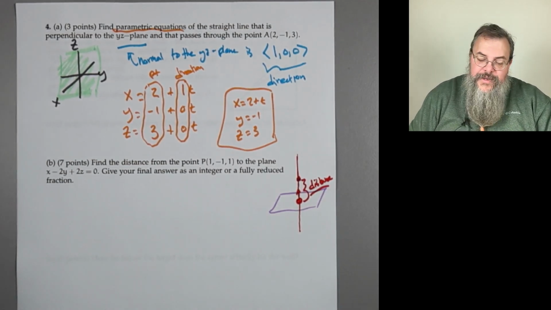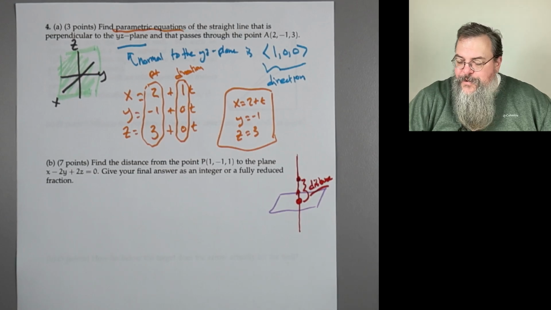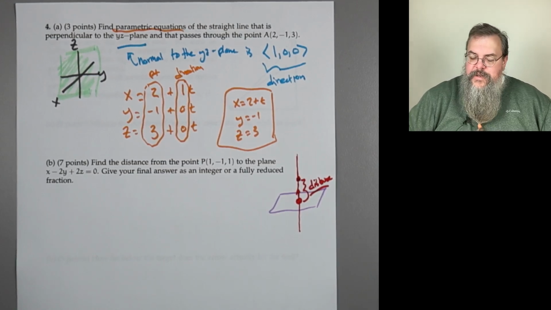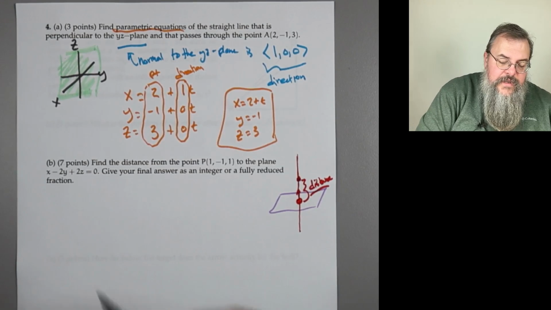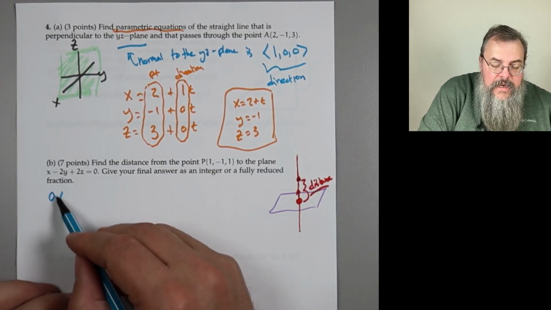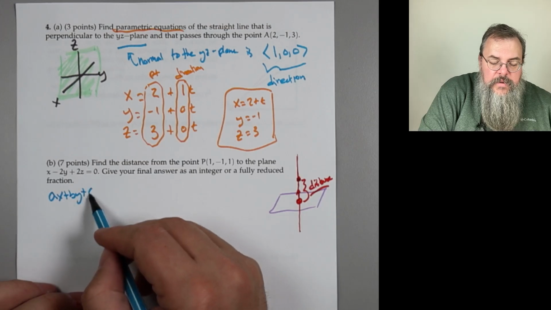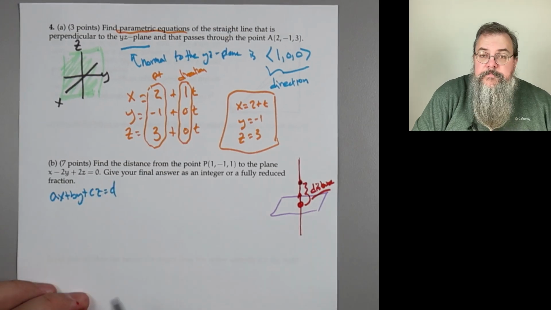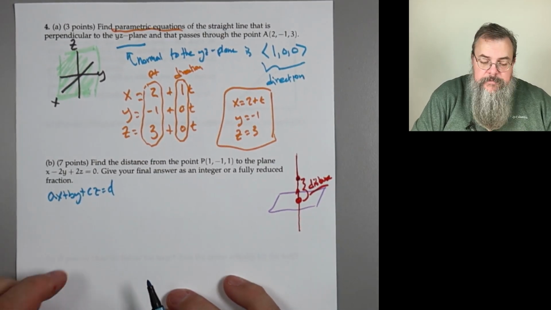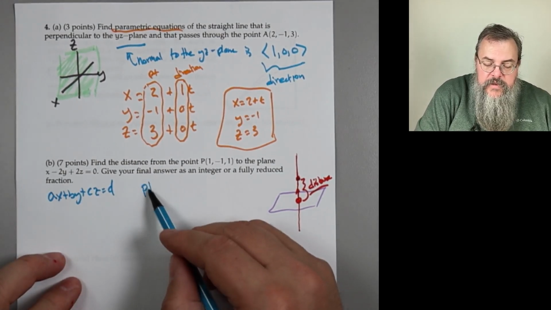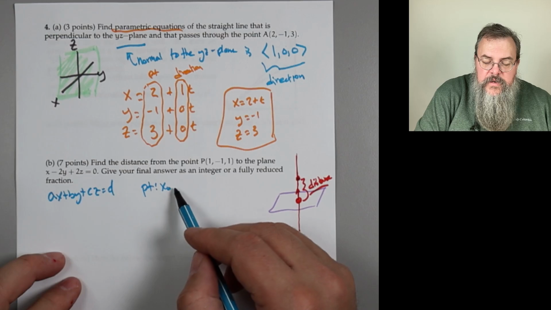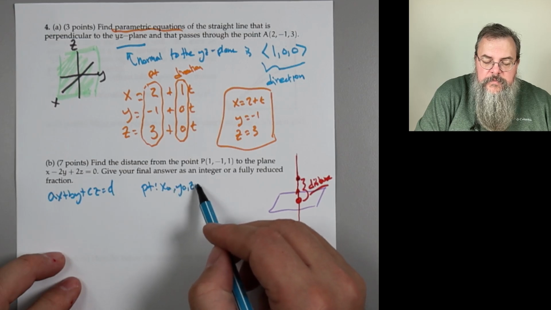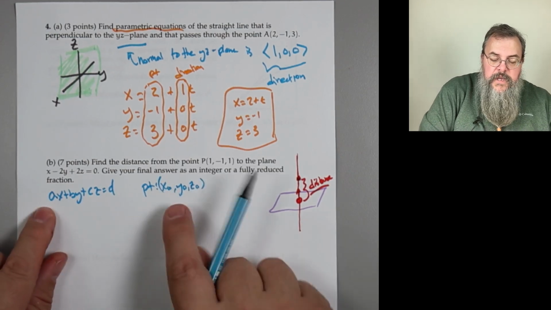The other way to do it is to remember there's a kind of a cool formula. And here's what it says. If you have ax plus by plus cz equals d, so there's our plane, and you have a point (x0, y0, z0), what you do is you plug in.